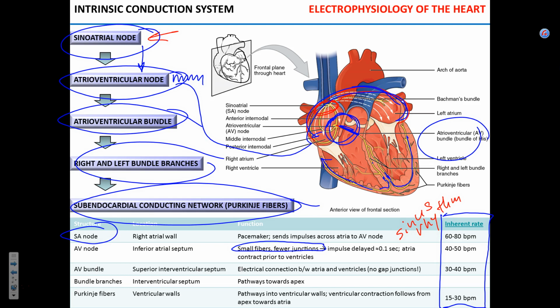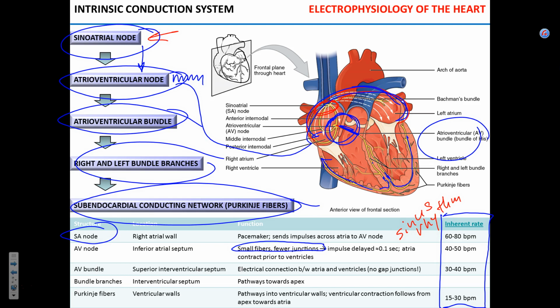We're going to chat about why it happens. I'm so anxious, I just want to talk about it now and get it over with. So 60 to 80, that's your normal heart rate.